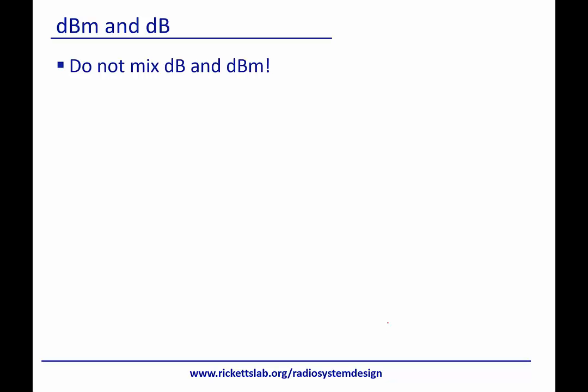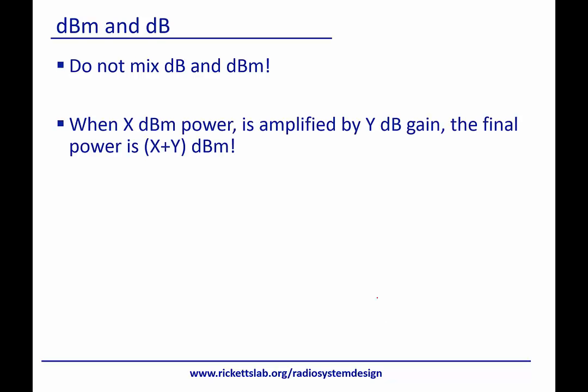It's important not to mix dB and dBm. When X is in dBm and it's amplified by Y dB gain, the final power is X plus Y dBm. Why is that? Imagine I've got a signal coming into an amplifier.